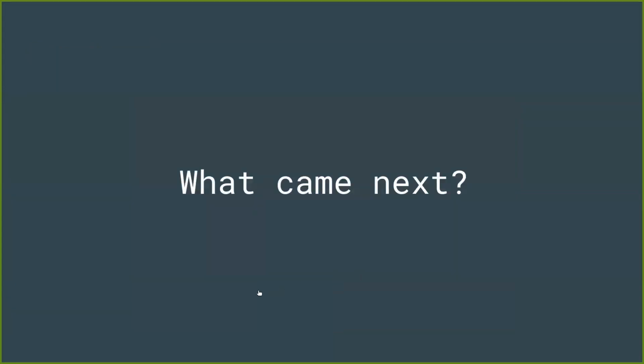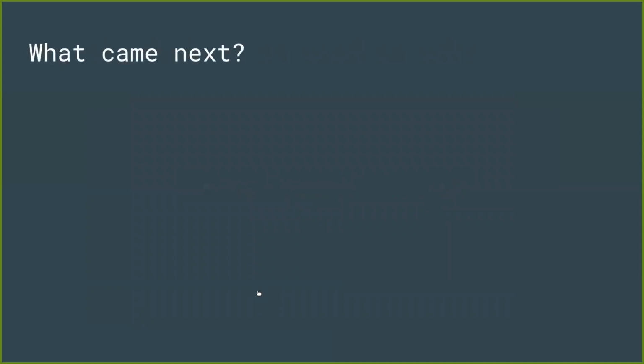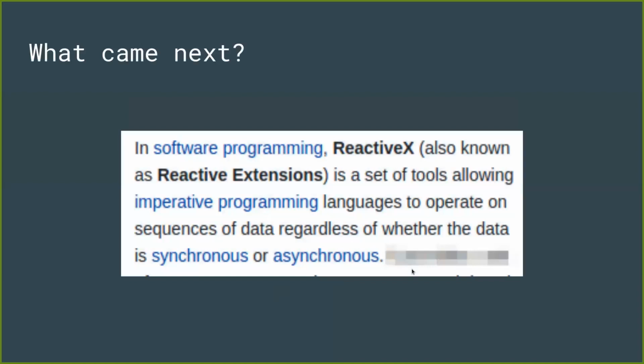Okay, what came next? Well, then some smart people tried to eliminate this boilerplate, right? So they invented a standard, and they named it Reactive X. And this is the definition from Wikipedia: it's a set of tools allowing imperative programming languages to operate on sync or async data.